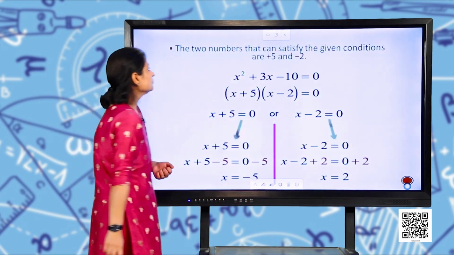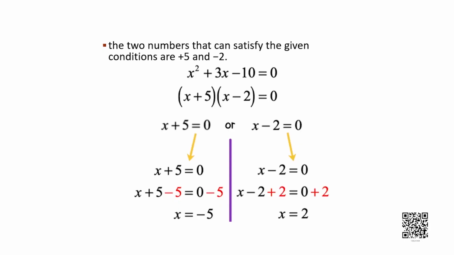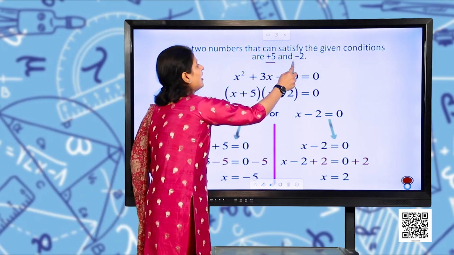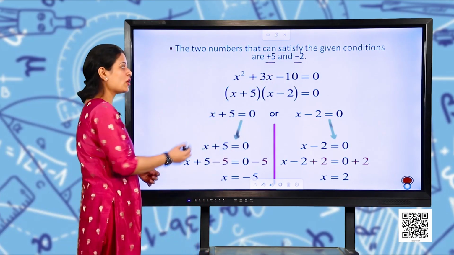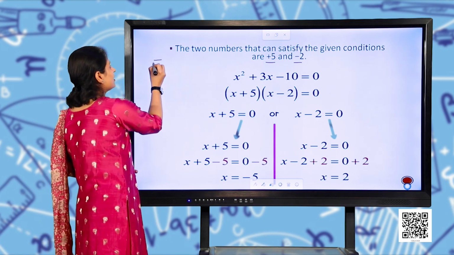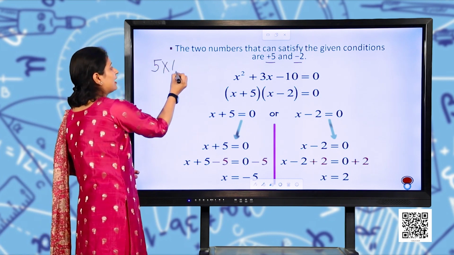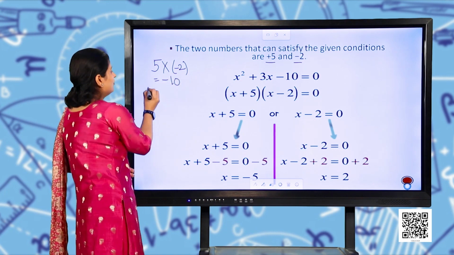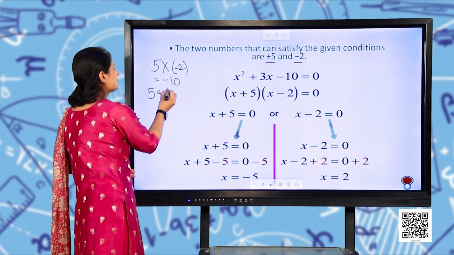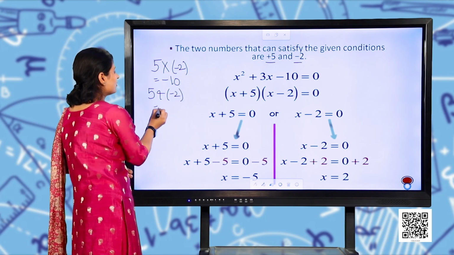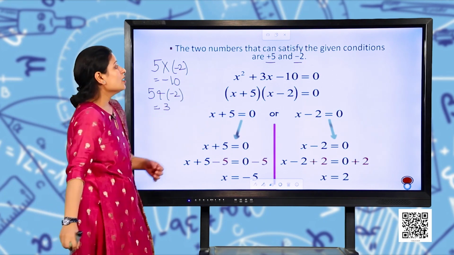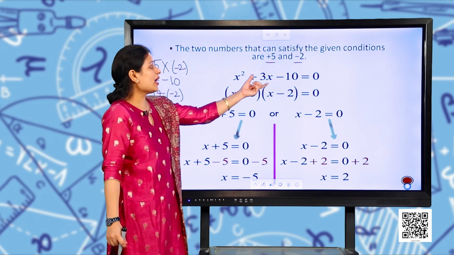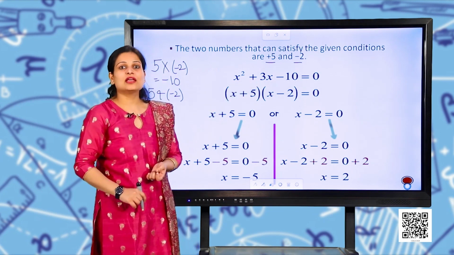So, the two numbers that satisfy the given conditions are plus 5 and minus 2, because when you multiply 5 by minus 2, you get minus 10, and if you add 5 plus minus 2, what will you get? 3. So, x square plus 3x minus 10 equals 0.